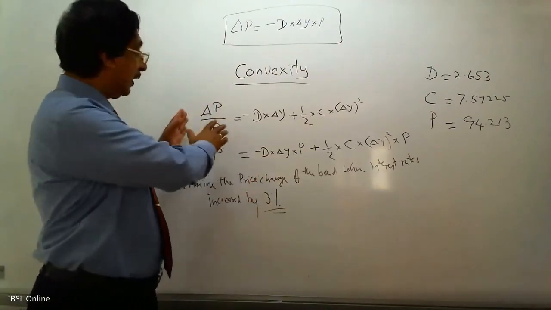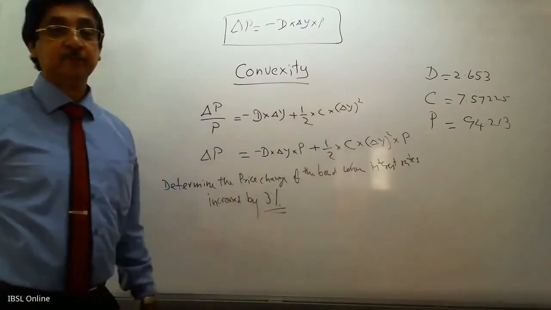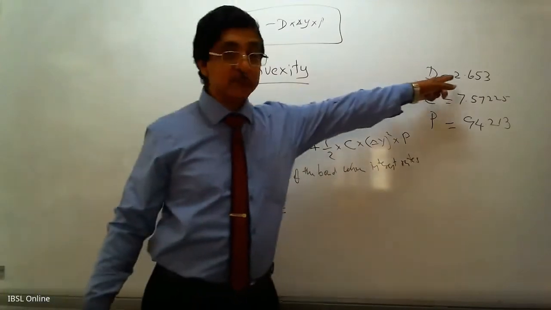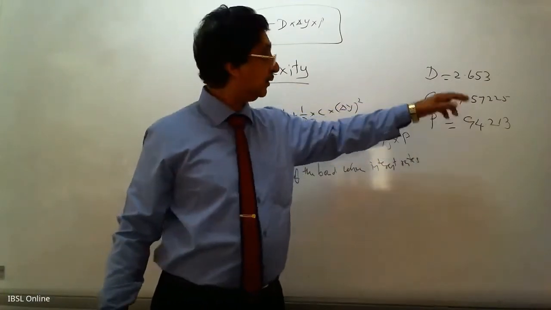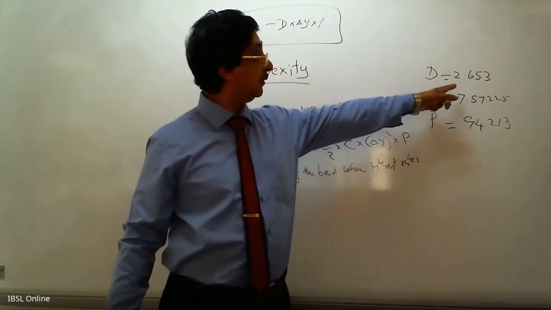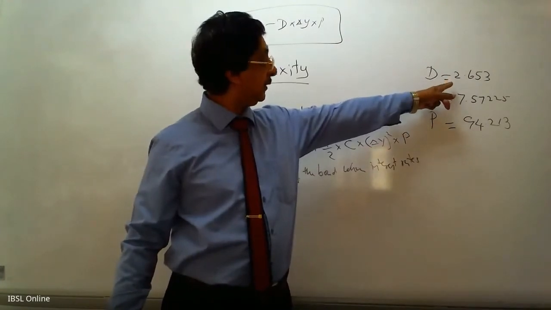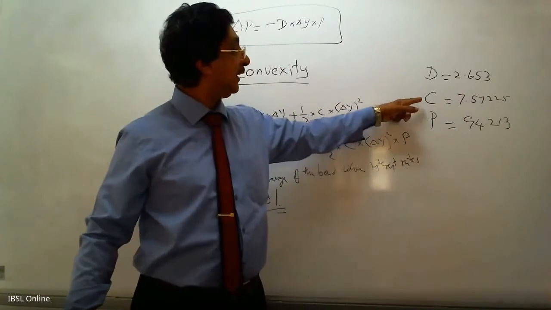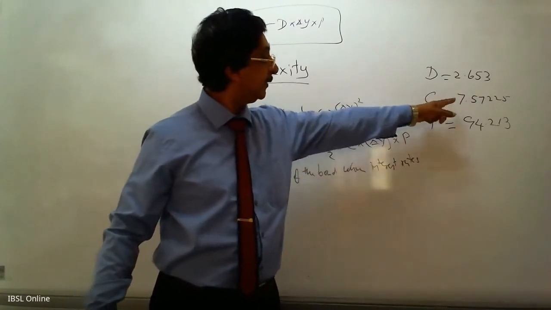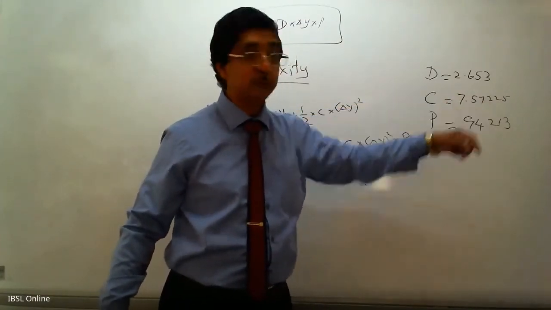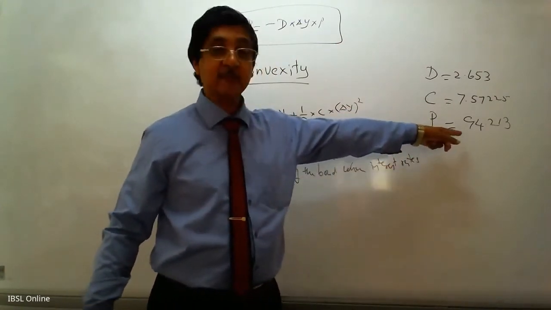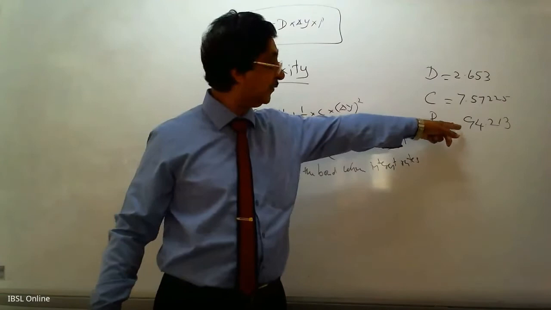Since you have this formula and you have the values also, last week we calculated the duration of this bond as 2.653, and today we calculated the convexity as 7.5722, and P, the price, we have already calculated, that is 94.213.